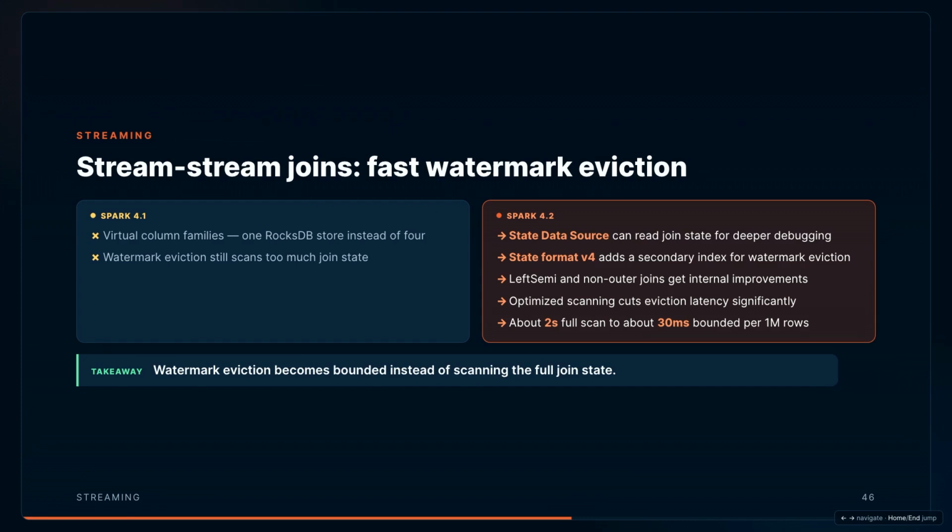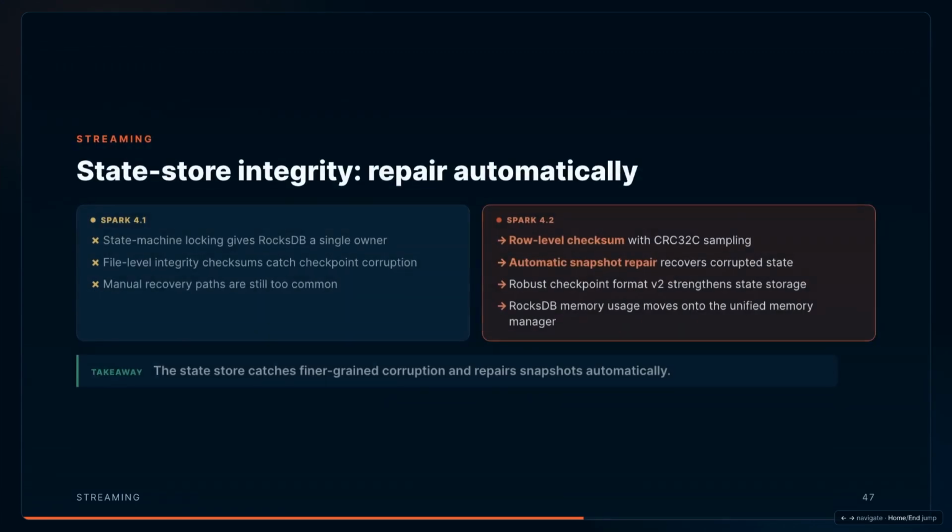And this also helps to optimize the left semi and non-outer join performance. So over here, we see that the eviction scan goes from about 2 seconds for a full scan to about 30 milliseconds bounded per million rows. So it's a huge performance gain in Spark 4.2.